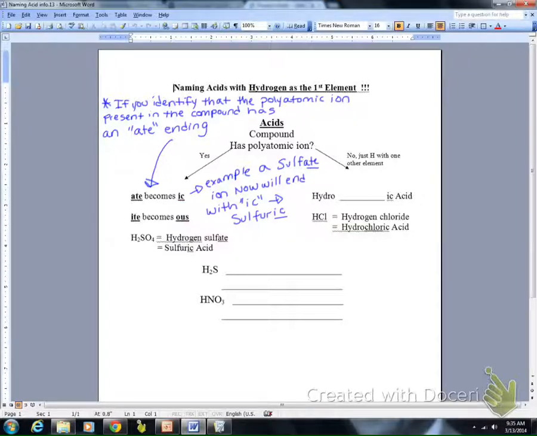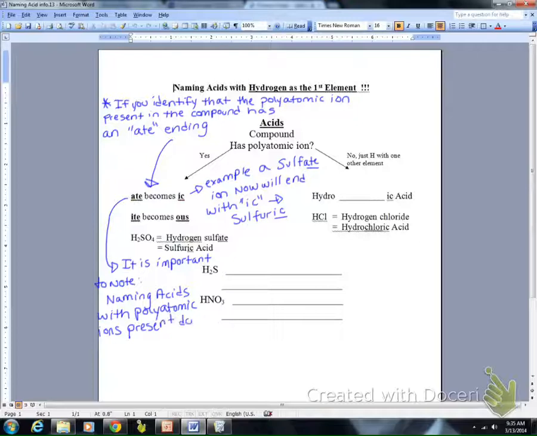So it would be sulfuric acid. It's also important to note that when naming polyatomics, there's no hydro in front. We don't ever say hydrosulfuric acid. Anytime we've got a polyatomic, it's just the polyatomic name with the ending changed. So there's no hydro in the name when we're dealing with polyatomic ions.